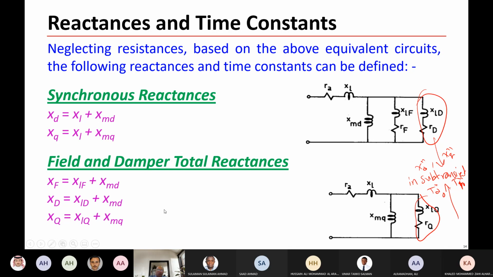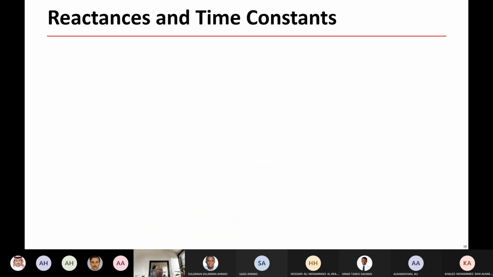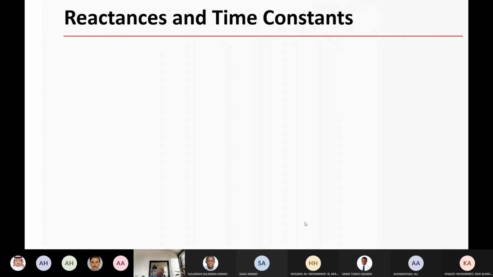So you can get the subtransient reactances. Yes, here it is. XD double prime is XL plus the 3 reactances in parallel: field, damper winding, and the mutual reactance. XQ double prime is XL plus XLQ and XMQ in parallel. So this is the subtransient reactances.